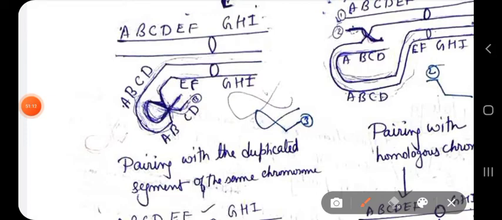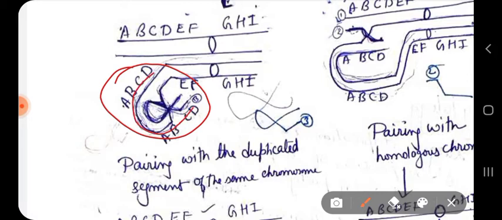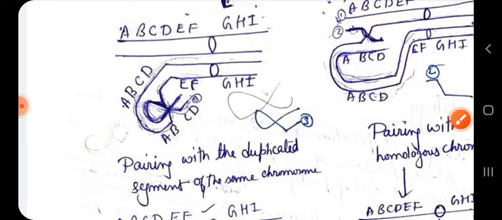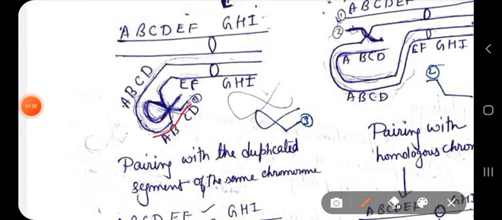You can see that they try to pair with the additional segment of the same chromosome. So this was the ABCD. It has been repeated. Look from here, DCBA. You see it folds back and tries to pair with its same segment on that same chromosome, or on the homologous chromosome of the pair.